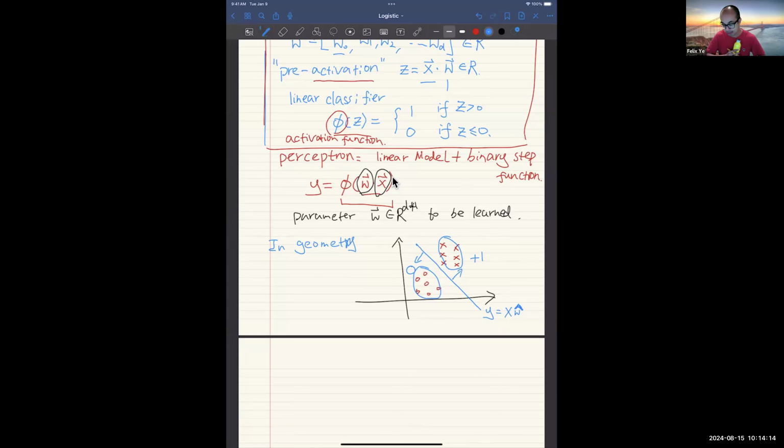If we are working in high dimension, this will just be a hyperplane. And of course, the key is we want to find this hyperplane that can hopefully perfectly separate these two datasets, the 0s and the 1s.